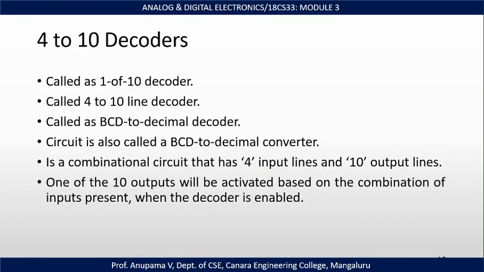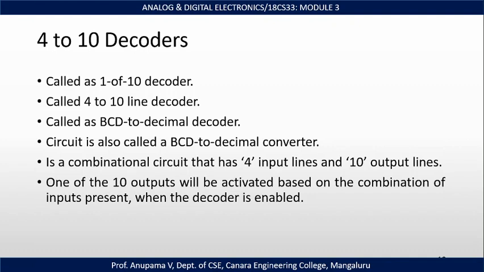Now what is a BCD to decimal decoder? A 4 to 10 decoder is called a BCD to decimal decoder. While studying the definition of decoder, we studied that there can be n inputs for the decoder, and then there are a maximum of 2 to the power n decoder outputs.